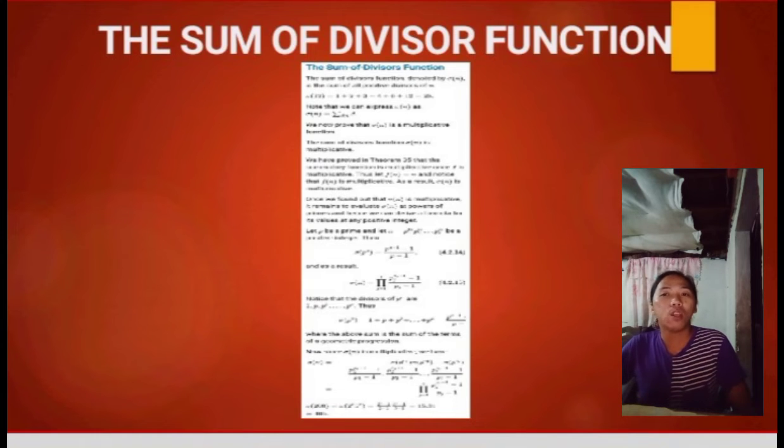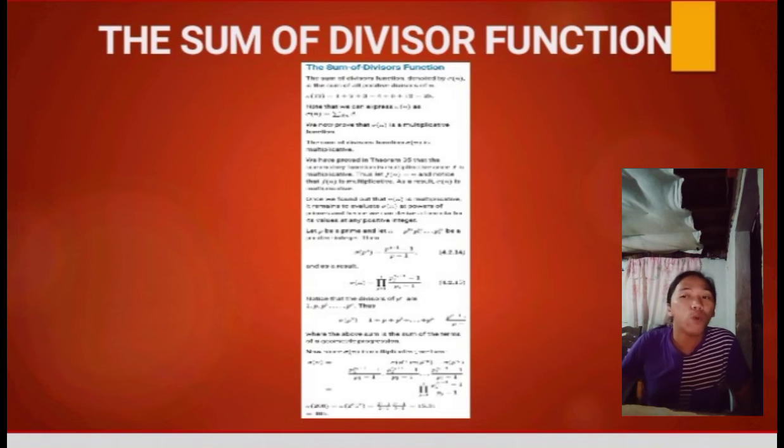We note that we can express σ(n) as the summation over d dividing n of d. Now let us try to prove that σ(n) is a multiplicative function. We prove it using Theorem 1, which says that the summatory function is multiplicative if f is multiplicative.